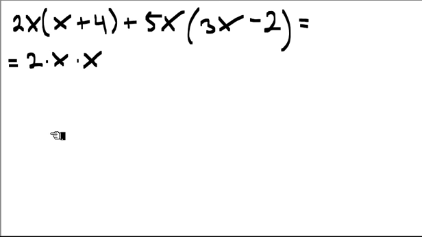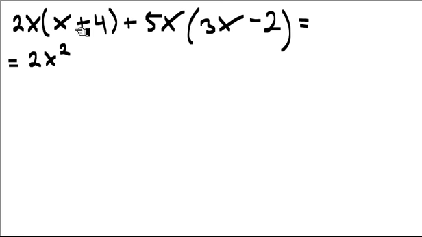And remember, when we did powers or indices, if we have x times x, it's x times itself 2 times. So we can write it like this. I'm not going to write it out like this, I'm just going to write 2x2. That's how we say it, 2x2.